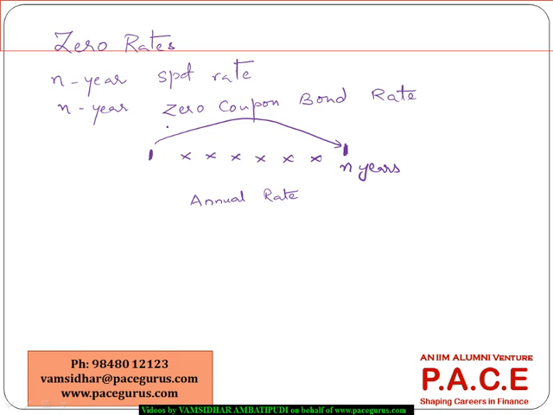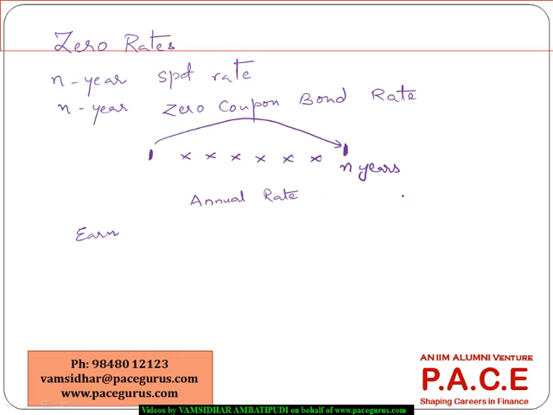So that is where we talk about the interest rate that needs to be paid on a loan which is starting today and lasting for n years. From a lender's perspective, it is the interest rate that is going to be earned on an investment being made, lasting for n years, with no intermediate payments in between.